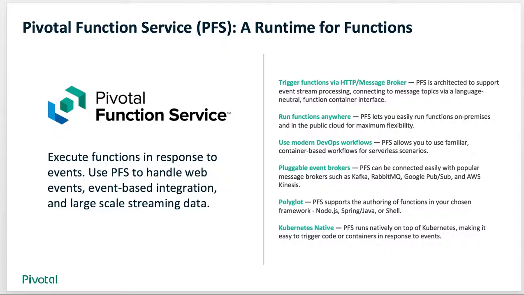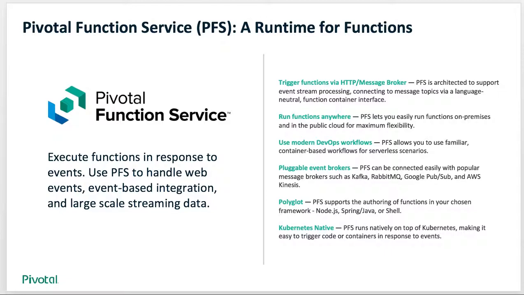Going ahead, the Pivotal Function Service is another new service provided by Pivotal. It is an event-triggered service based on a message broker, where you want to invoke a particular function when a particular event happens, and you can do that using Pivotal Function Service.